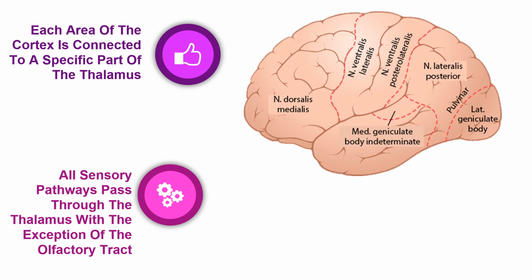So each of the cortical areas is connected to one of the areas of the thalamus.